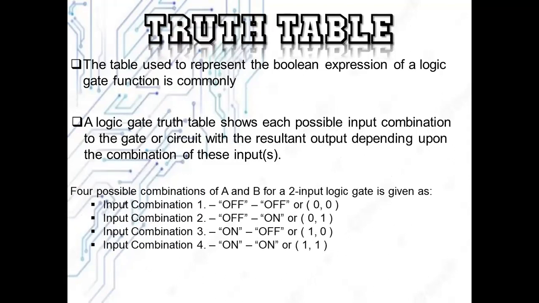So we have here the 4 possible combinations of A and B for a 2-input logic gate. If you remember from the previous discussion, 0 represents off, and 1 represents on.